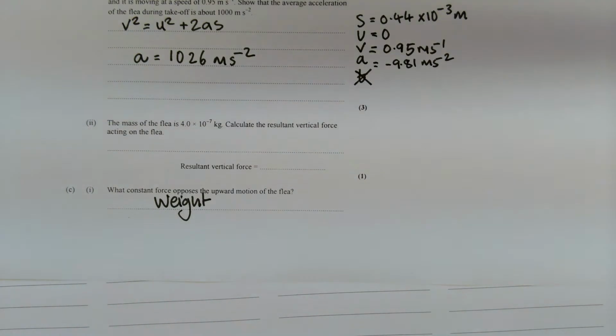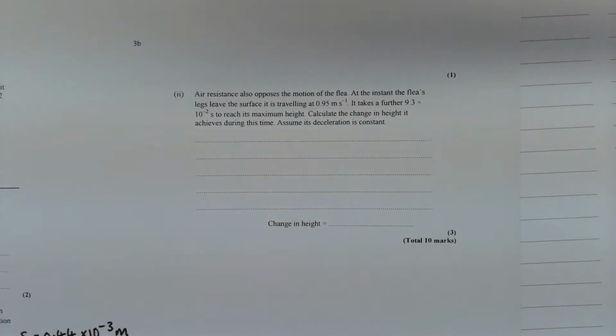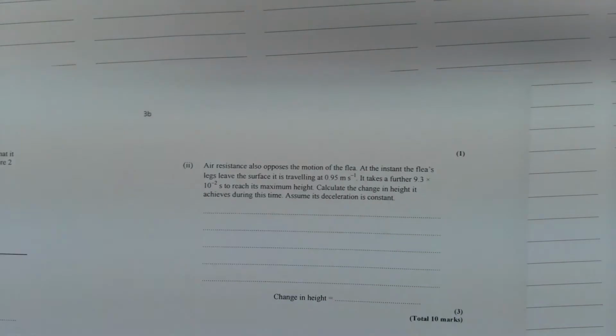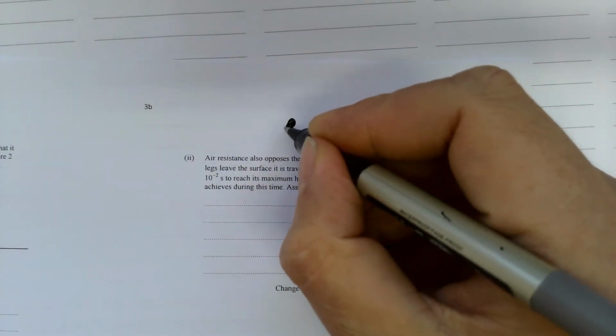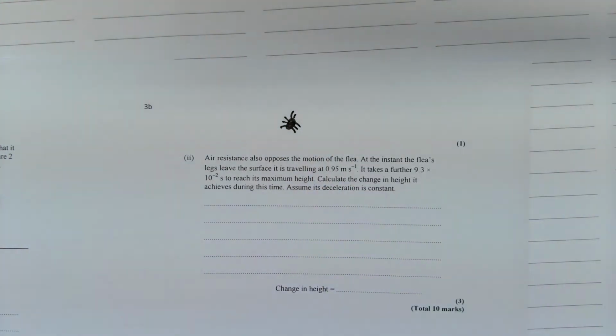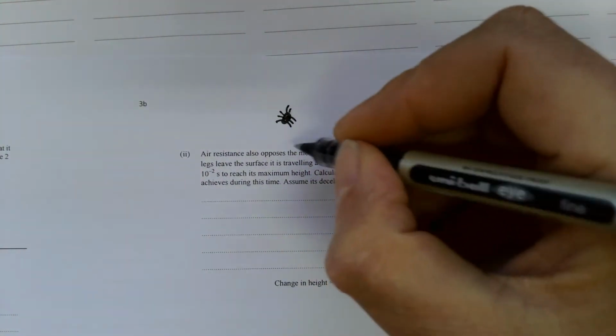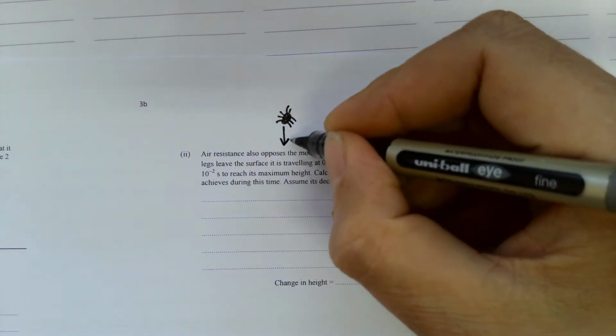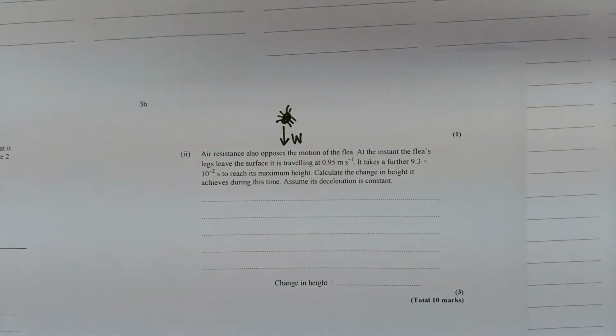And then the next one is where it gets a little bit strange. It says air resistance also opposes the motion of the flea. So you've got, that's my little flea drawing. We've got gravity or weight opposing its motion, and that would try and make it accelerate downwards at minus 9.81 meters per second squared.